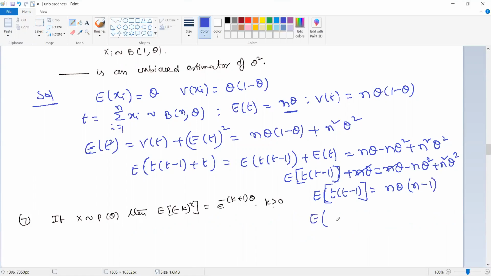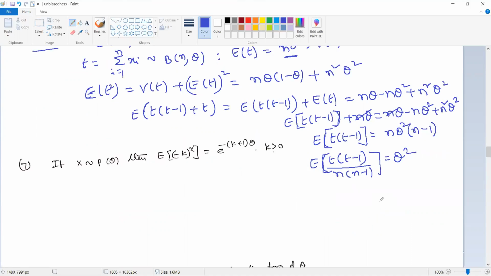Now this can be taken as T into T minus 1 divided by n into n minus 1, a purely constant value taken to the left side. That is equal to theta square, which is common. So now replace T by summation Xi.